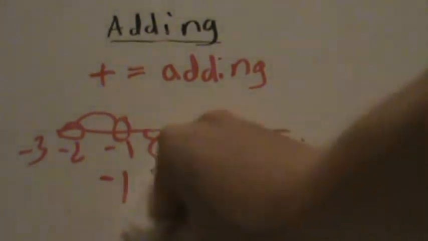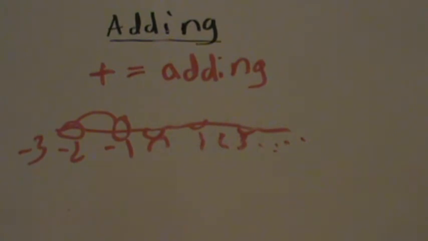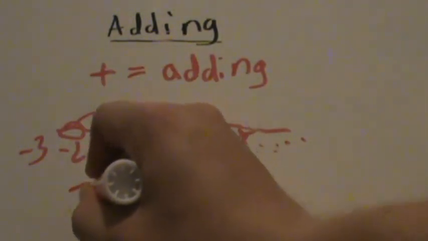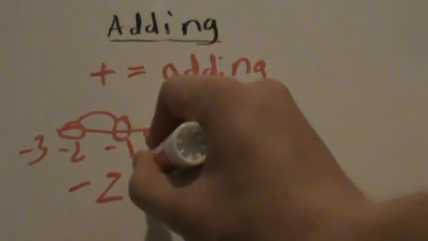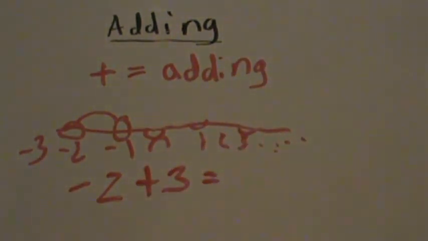Well, let's look at the situation where you're taking a negative number, let's say -2, and you're adding 3. So what is this equal to? Well, again, let's go on the number line, and let's start at -2.